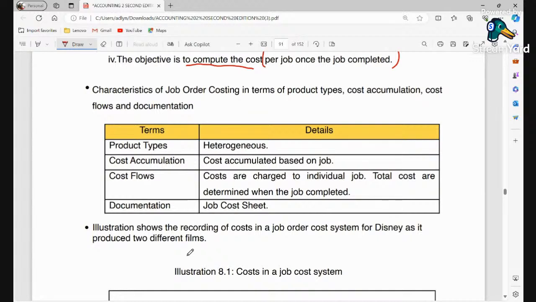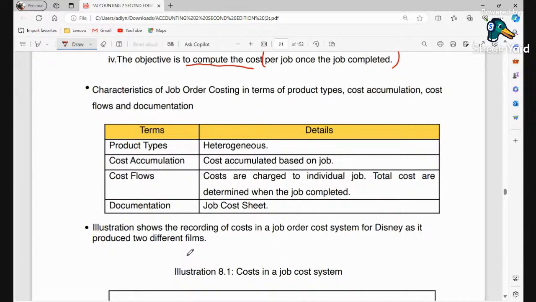For example, it's Haikal's wedding, so dia mesti ada request sendiri, or how he wants his wedding invitation card to look. Or maybe if it's Lukman's wedding, mungkin card tu akan bentuk macam flora dan fauna, something like that. So this is heterogeneous.